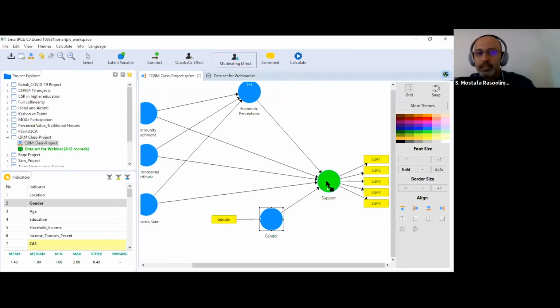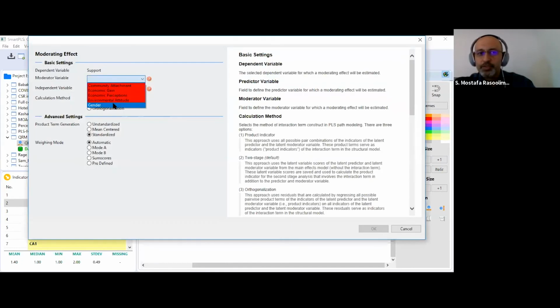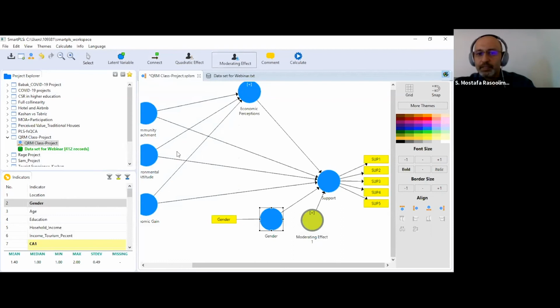Moderating, click. Here the moderator is gender. The independent variable is perception. So you have this indicator, and you have this interaction effect. Now this interaction effect is gender interacting with perception.